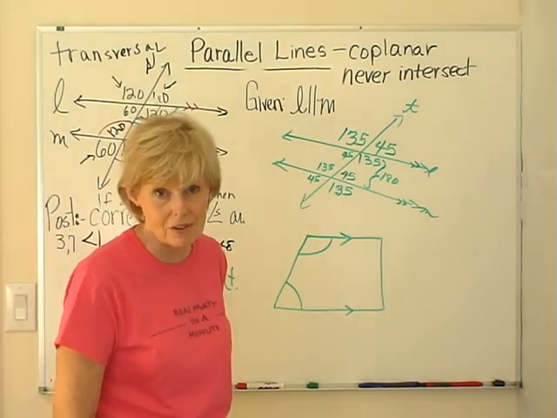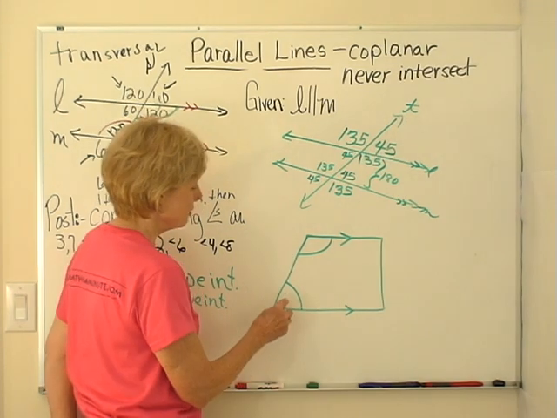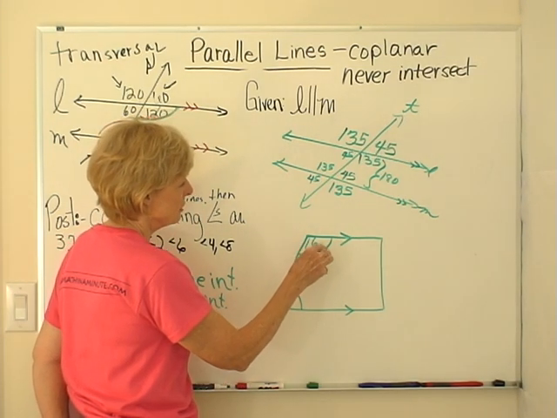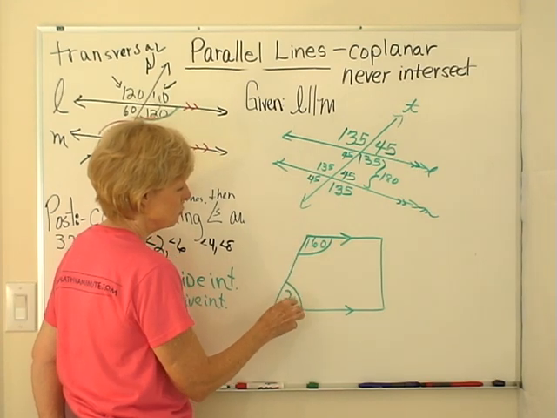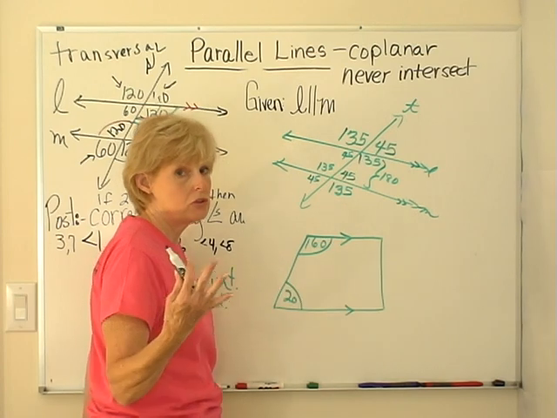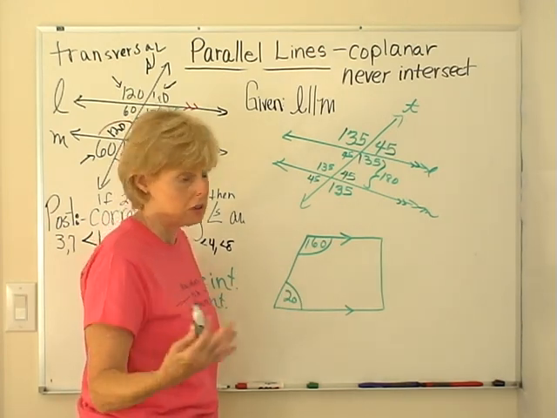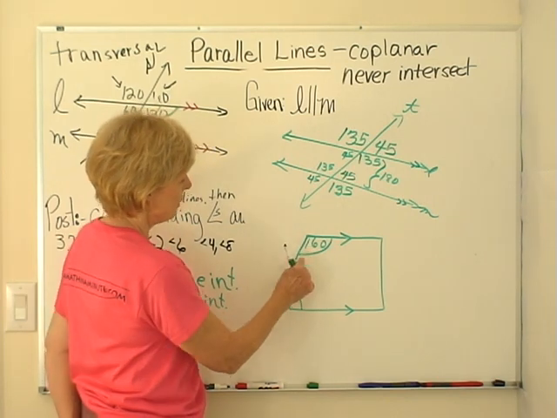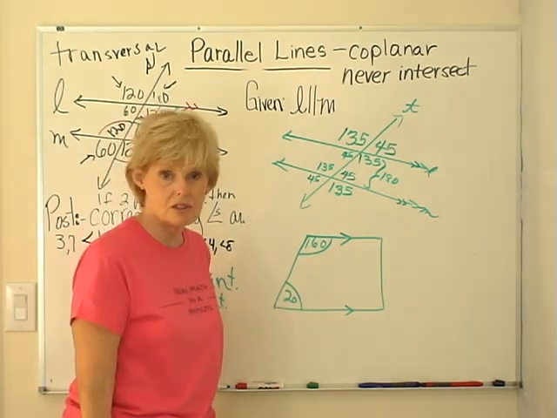We said they were supplementary. So we know then that if this angle is 160 right here, then this angle has to be 20. And I don't draw to scale, I don't try, so don't assume that I do ever. And obviously that would not look like a 20-degree angle. But these add up to 180 because they're same side interiors.